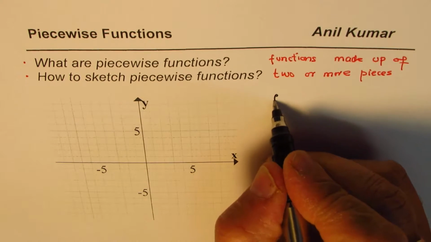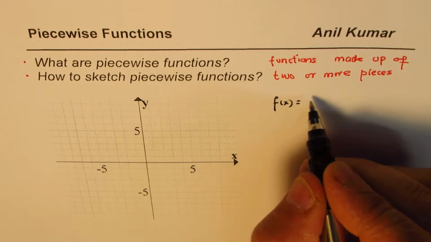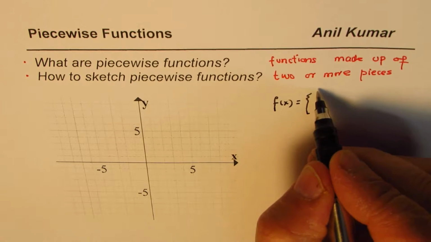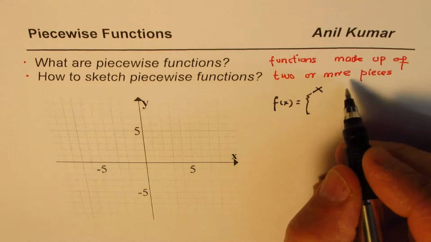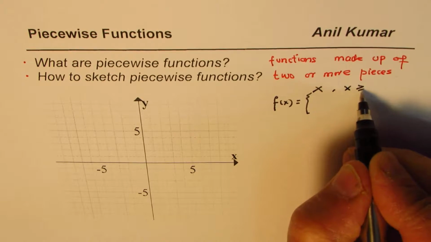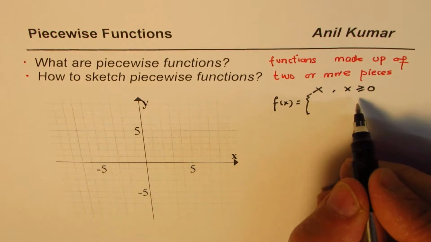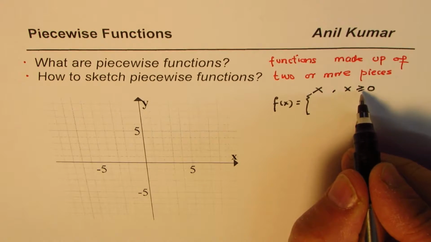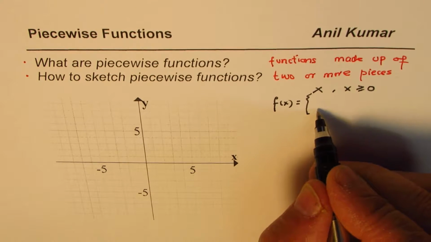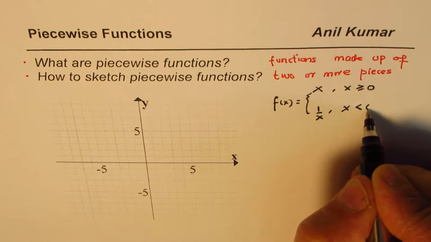Let us say we have a function f of x, and this function is defined as x for x greater than or equal to 0, and for a value less than 0, let's define this as 1 over x, for x less than 0.